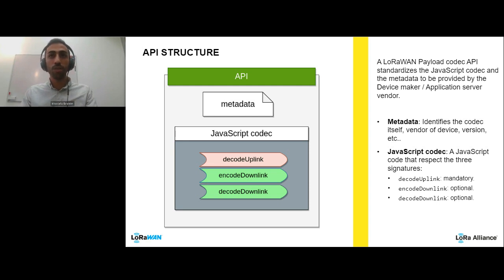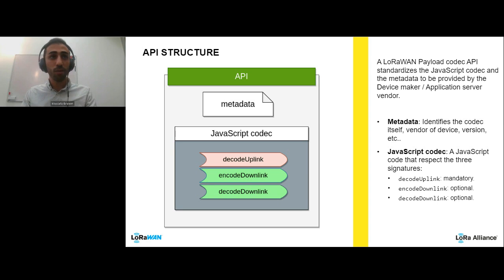In this section, we'll describe the three JavaScript functions that the codec may declare to perform encoding and decoding tasks. Here in red, we have the decode uplink, which is the mandatory function; without it, a codec cannot be valid. The encode downlink and decode downlink are optional and only mandatory when the device supports downlink.